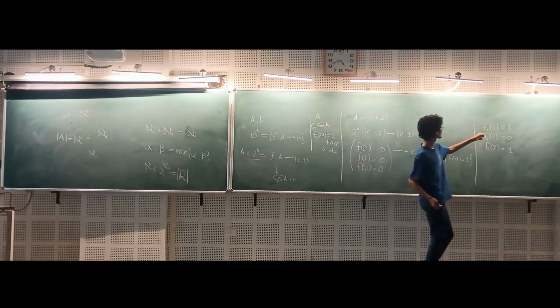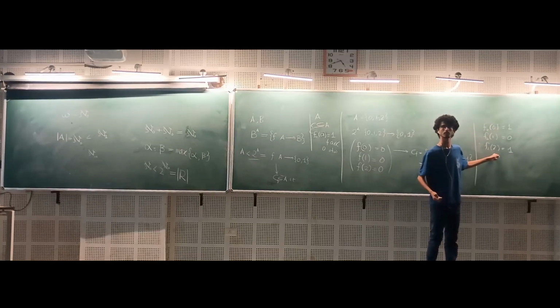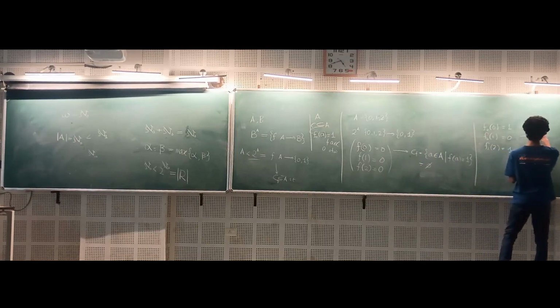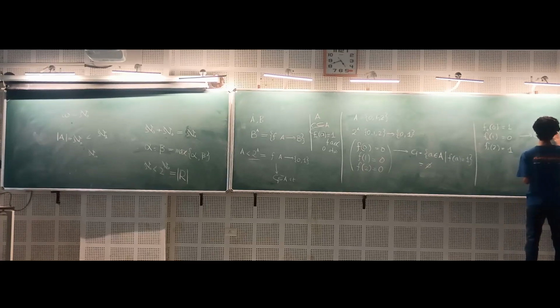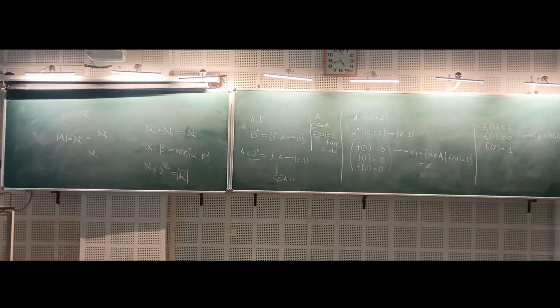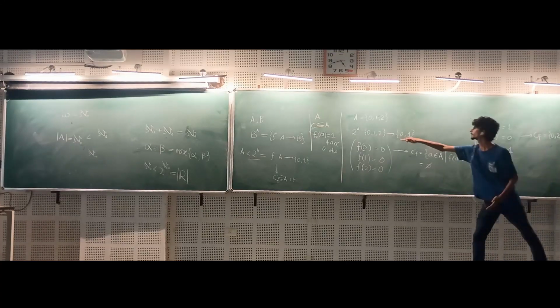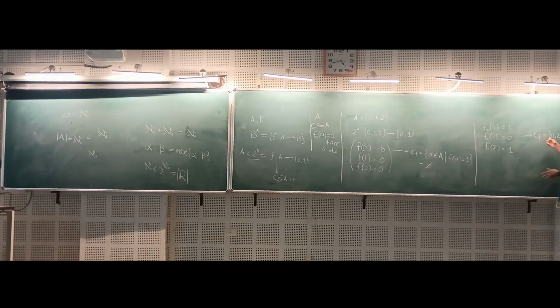It takes value 1 on 0 and 2. Collect that into a subset, call it C_f. So C_f is 0, 2. In this way, I can create all the subsets of A. For any subset, I can always create a function that takes value 1 exactly there and value 0 outside of it. So there is a bijection between the set of functions from here to here and the subsets of A.